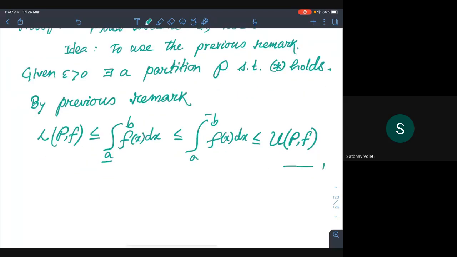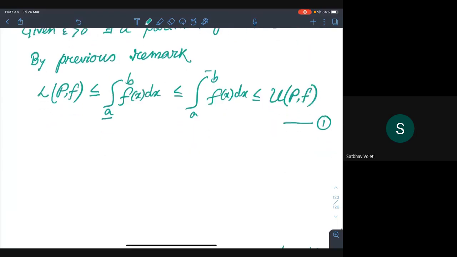Now call this 1. Now what we have is U P f minus L P f is less than epsilon, by star.